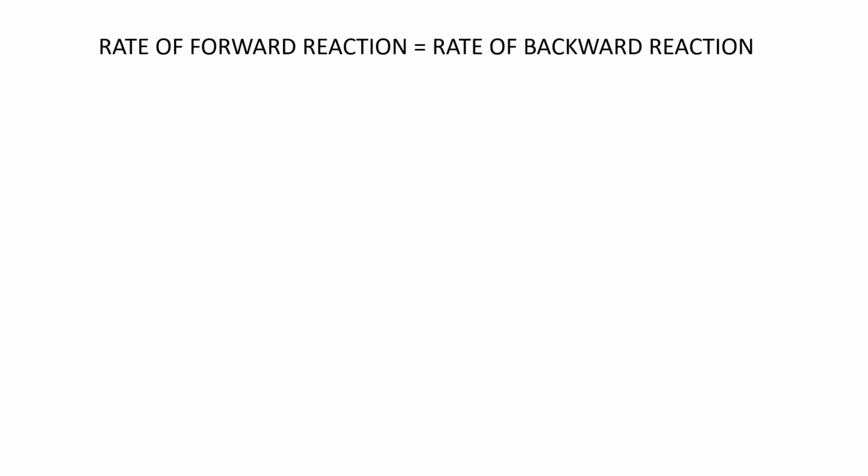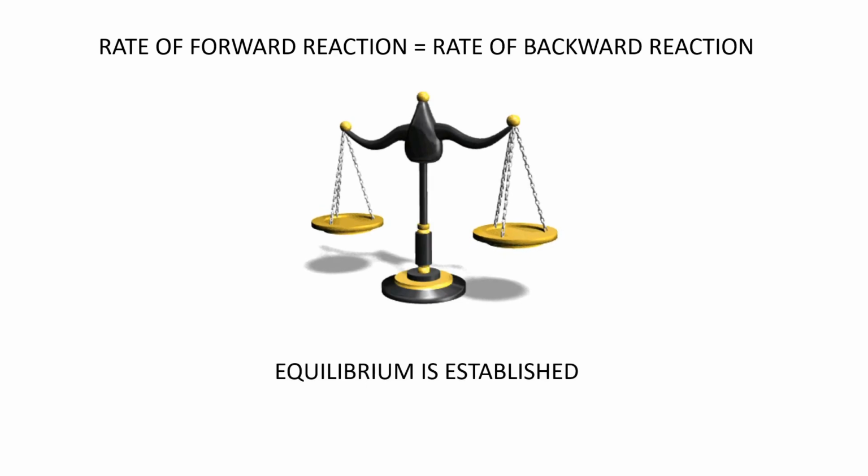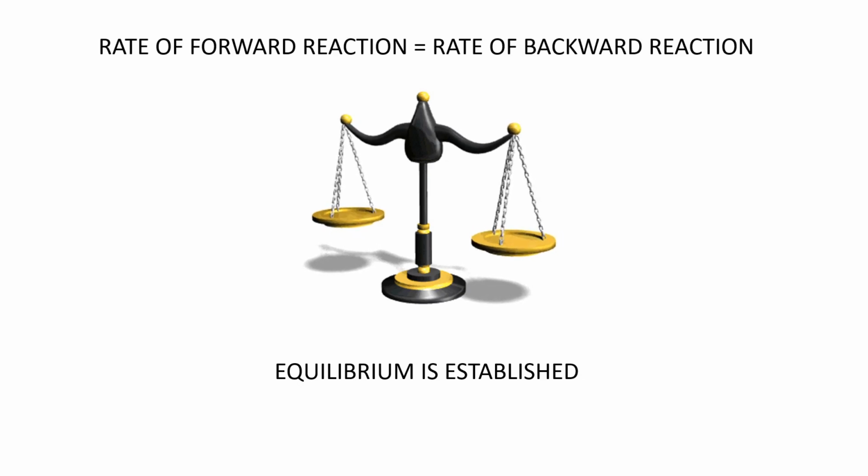Now, if the rate, that is, the speed of the forward reaction becomes equal to the rate of the backward reaction, this gives rise to an equilibrium. Here the equilibrium is established, that is, at equilibrium, the rate of the forward reaction and the rate of the backward reaction both become the same.